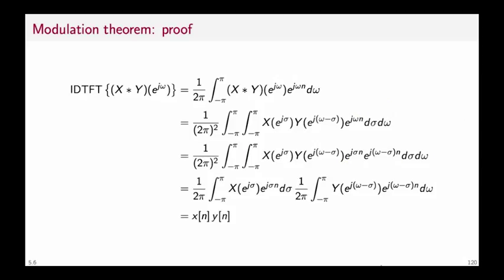And indeed, when we do so, we have a first part here, which is just the inverse DTFT of big X, and here we have the inverse DTFT of big Y. The fact that the argument to the complex exponential has a minus sigma term doesn't really bother us because the integral is between minus pi and pi, and of course the DTFT is 2 pi periodic, so an offset does not change the result of the integral. And so finally we have indeed what we were looking for, the product of the two time domain sequences.